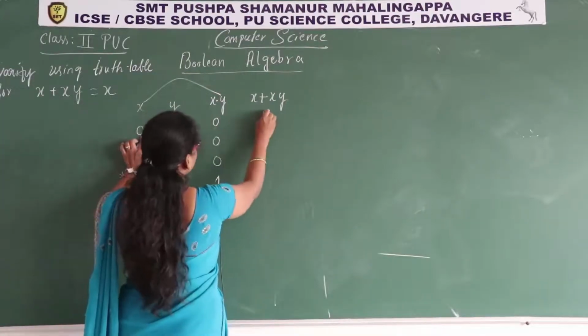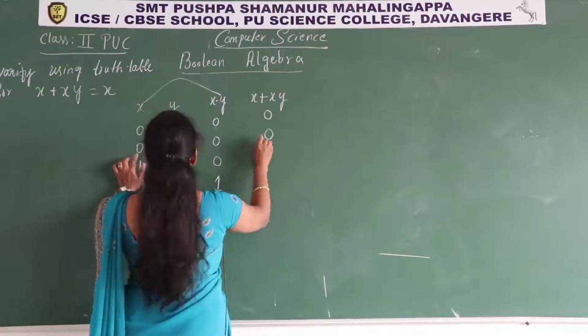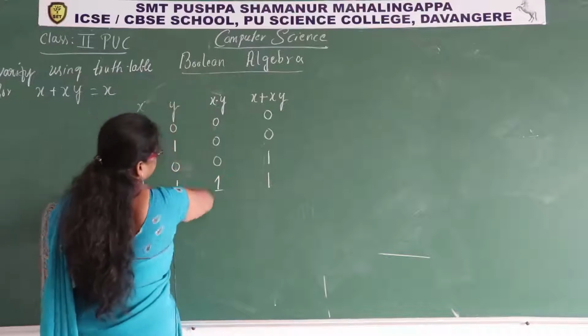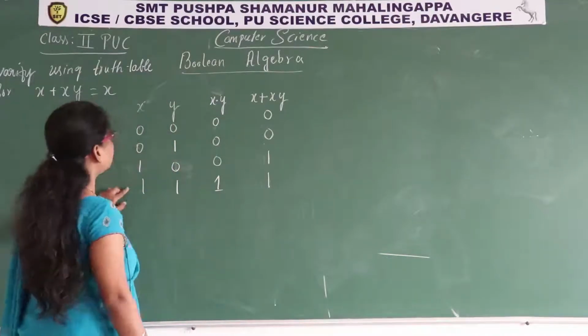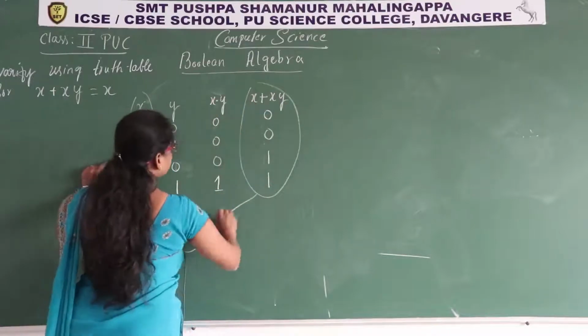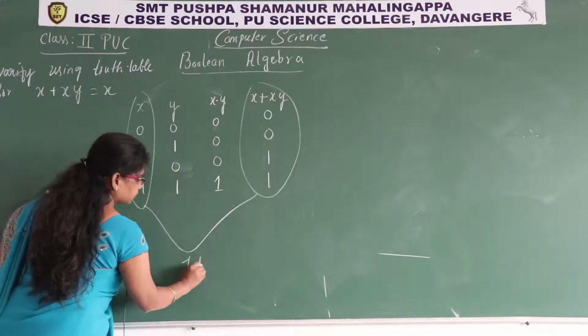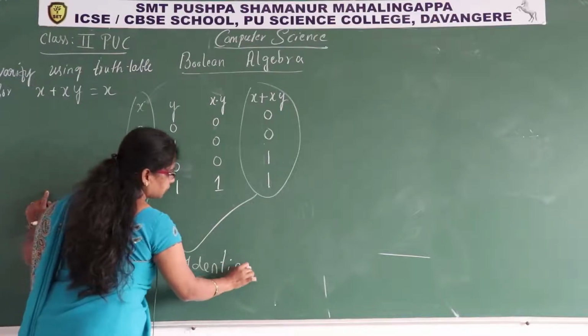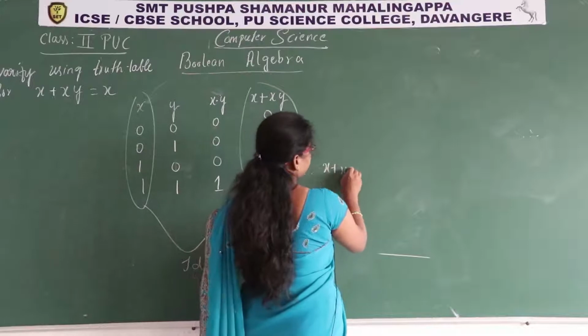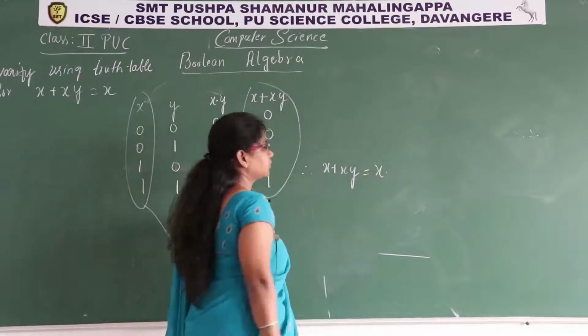If all inputs are 0, output is 0: 0, 0, 1, 1. Now you can observe this column and this column. These two columns are identical. Therefore, x plus xy is equal to x.